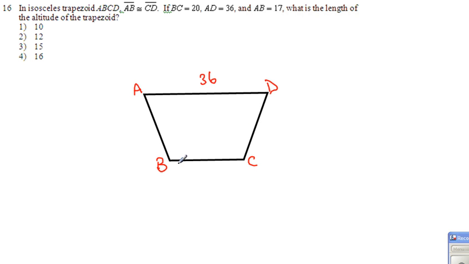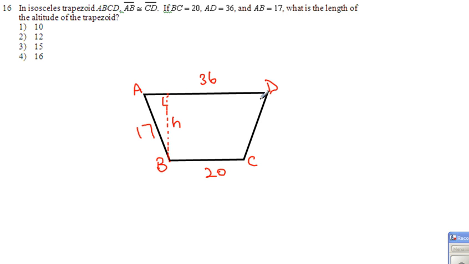And then AB is 17, and BC is 20. Now, what is the length of the altitude? Altitude, that means we're looking at that line segment. Why don't I call it H?